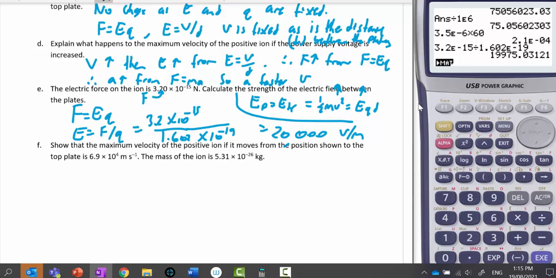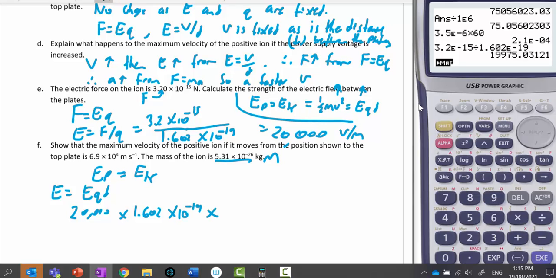Show the maximum velocity of the positive ion if it moves from the position shown to the top plate. Is that the mass of the ion? And so we're using the same thing all over again. Hopefully this is getting really repetitive. So we're looking at EQD, and so you've got your 20,000, you've got your charge and your distance from the position shown to the top plate.